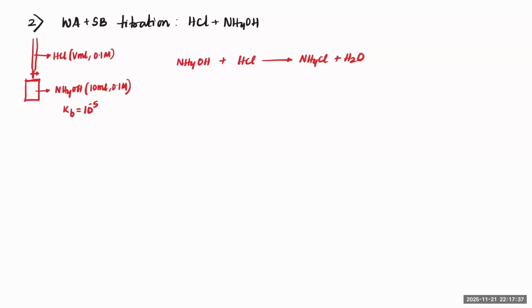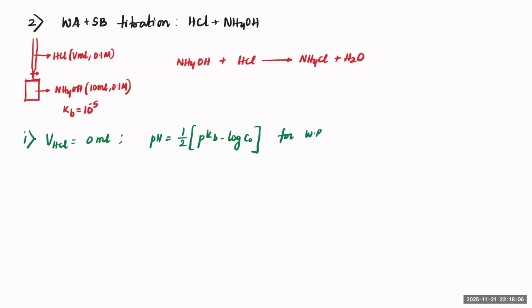So let's start with the first case. Case 1 is when the volume of HCl added is 0 ml. 0 ml means there is only NH4OH. When in the solution there is only NH4OH, what is the pH? For a weak base, if you remember Ostwald's dilution law, the formula is half of pKb minus log C naught, because there is only weak base present.